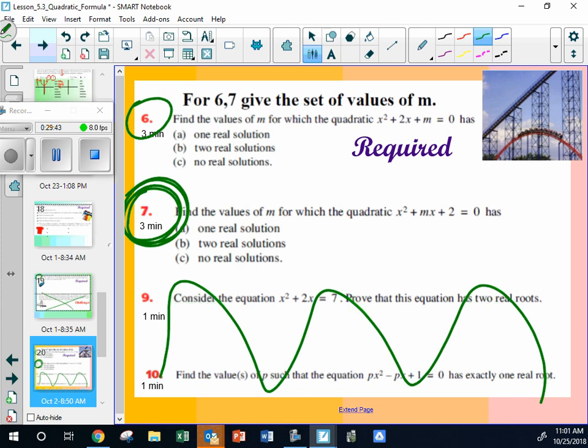Do you remember that whole 1 solution, 2 solutions, no solutions thing? Isn't that based on the thing underneath the square root? All right, I know I've lost a lot of you, but if I were you, I'd write down this: b squared minus 4ac.